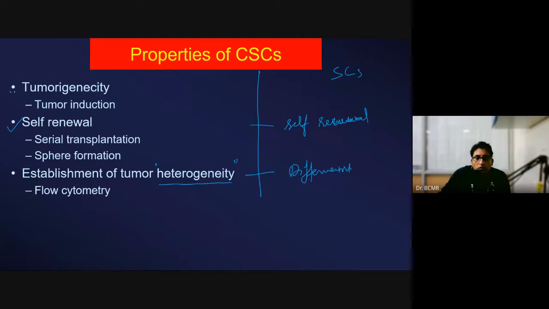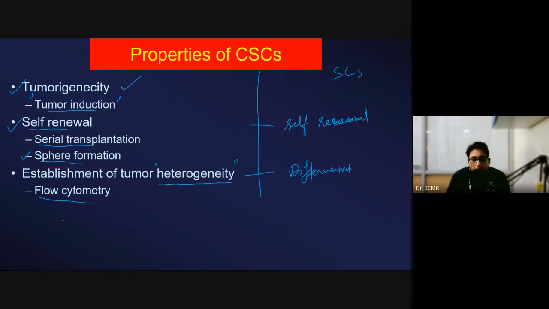There is another one that is the ability to give rise to tumors. So we can derive these properties by looking at their ability to induce tumors, and we can test the self-renewal capacity by serial transplantation, sphere formation in vitro. Establishment of tumor heterogeneity can be proved by flow cytometry.